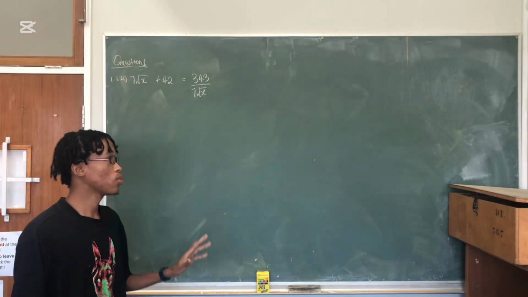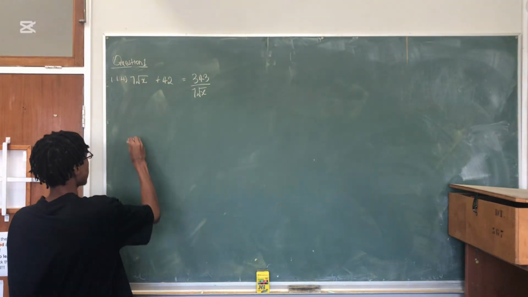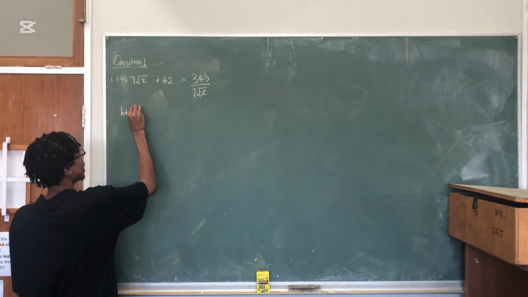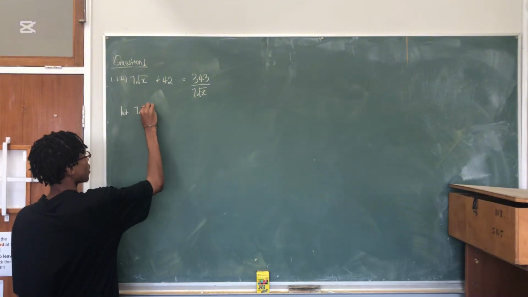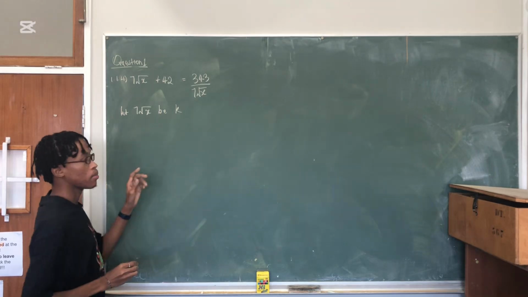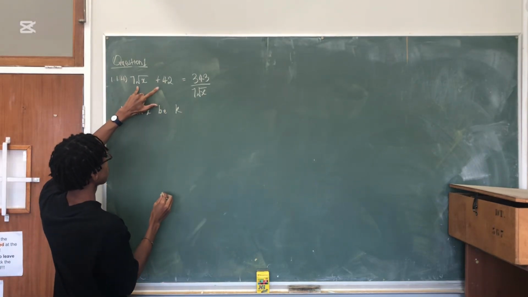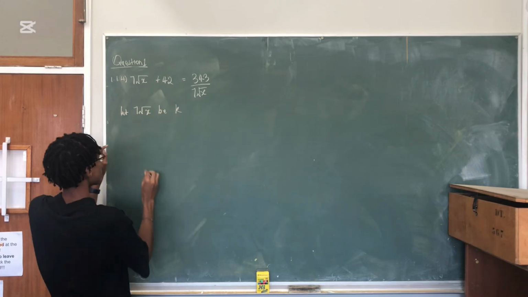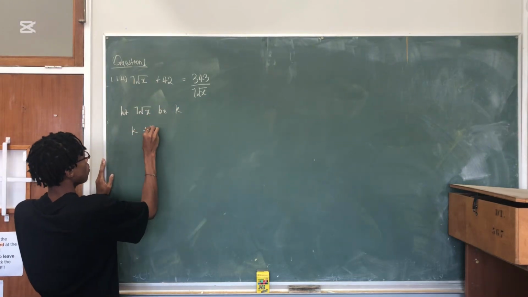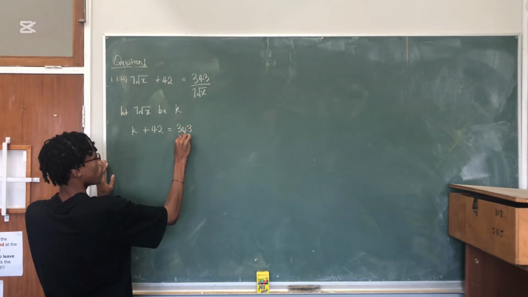There are various ways we can solve this, but the simplest way that we can do it is letting 7 to the power of the square root of x be k. We're going to substitute k in everywhere we see 7 to the power of the square root of x. So it's going to be k plus 42 is equal to 343 over k.